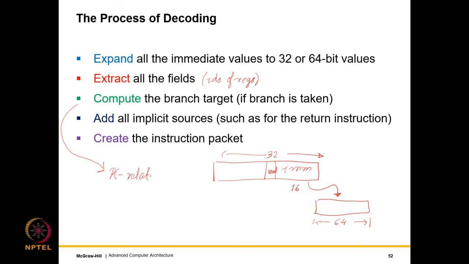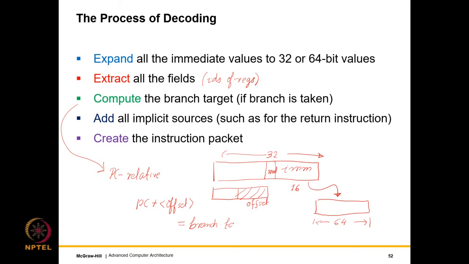So a PC relative branch, the target is essentially the program counter plus an offset, and the offset is embedded within the instruction. So if this is an instruction over here, then a part of it will record the offset, and so when this is added to the program counter, the PC plus offset becomes equal to the branch target.